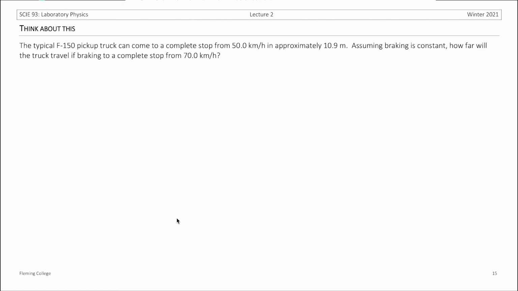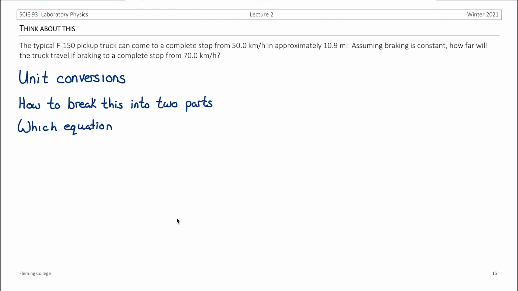Assuming braking is constant, how far will the truck travel under braking to complete a full stop from 70 kilometers per hour? Things you need to think of here are unit conversions, how to break this up into 2 parts, which equation to use, and finally, remember to answer the question that you're asked.